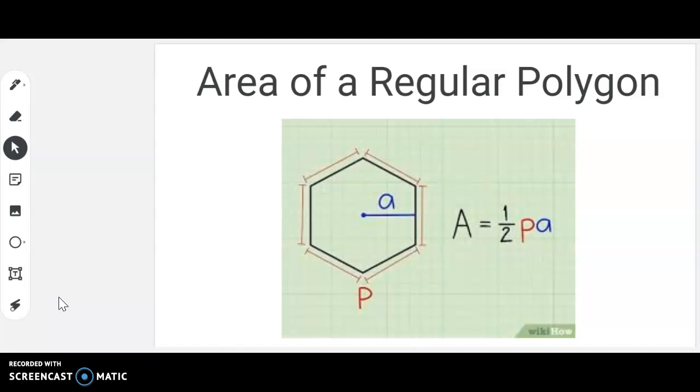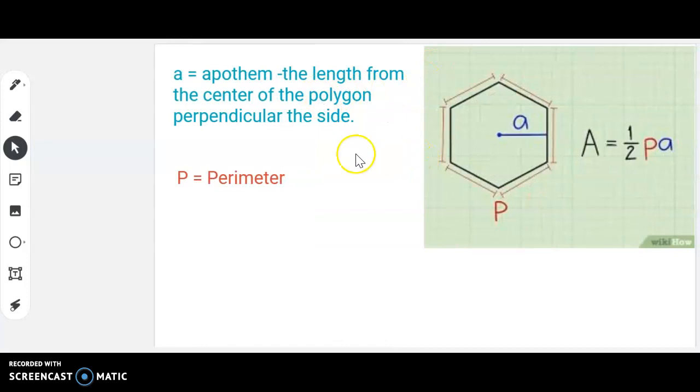So we have area is equal to 1/2 P times A. Let's take a look at that. The A is equal to apothem. Yes, that's the pronunciation, apothem. It's the length from the center of the polygon that is perpendicular to the side.